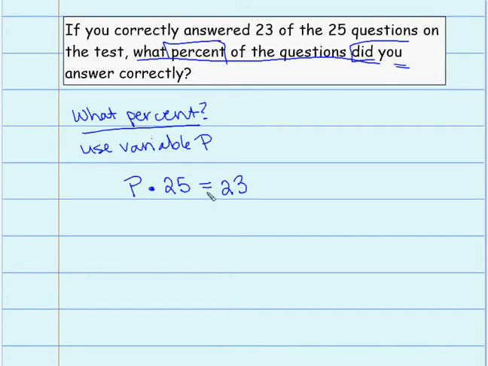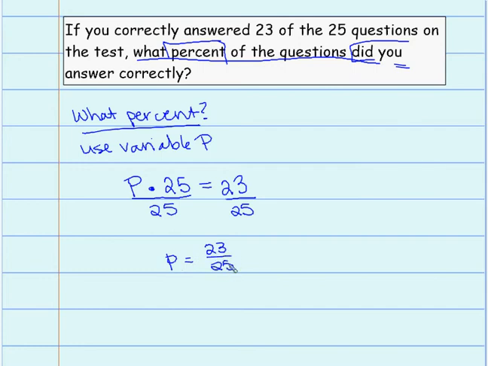Okay, so it's 23 is what percent of 25? That's also how you're reading that equation. So, in order to isolate the variable P, you would divide both sides by 25. Okay, so P right now equals 23/25.